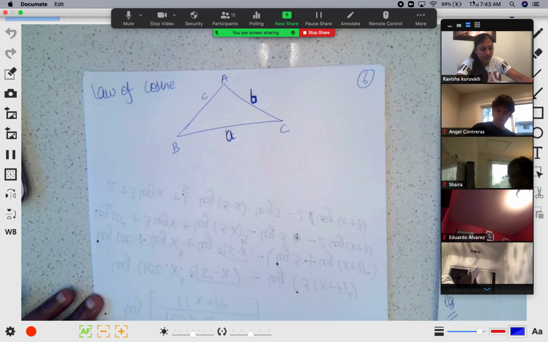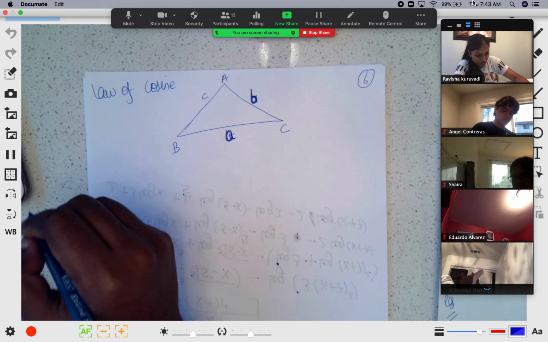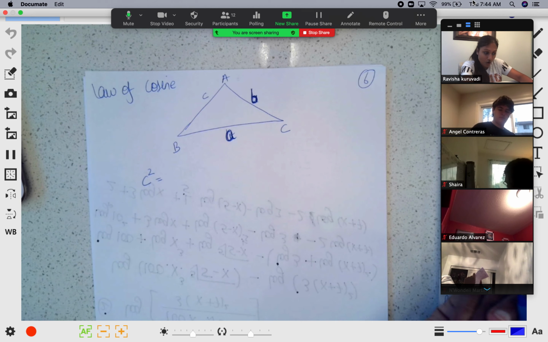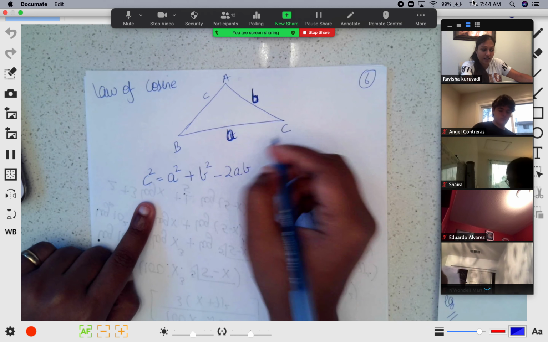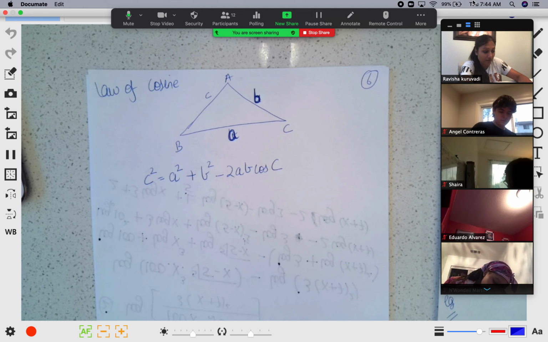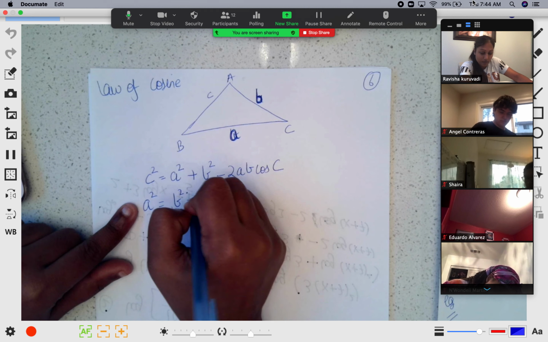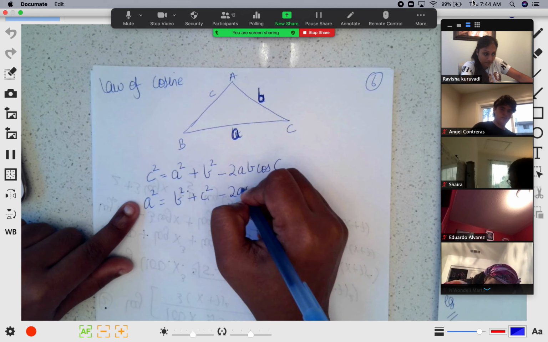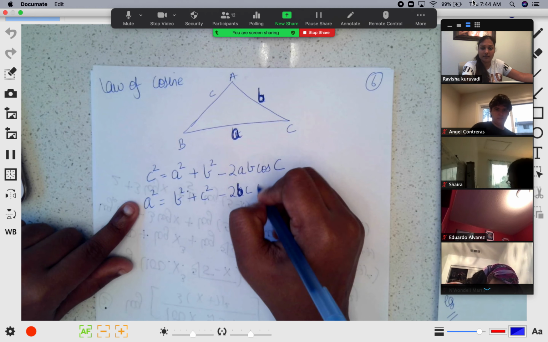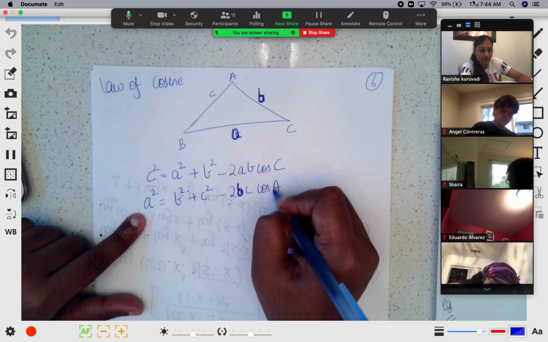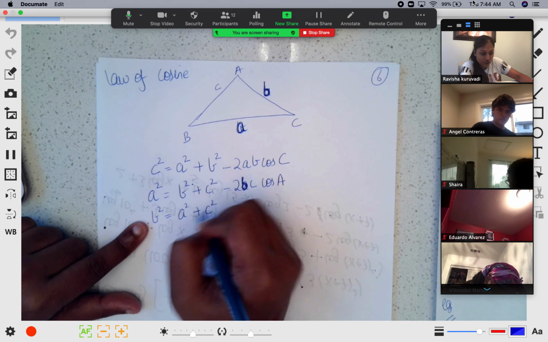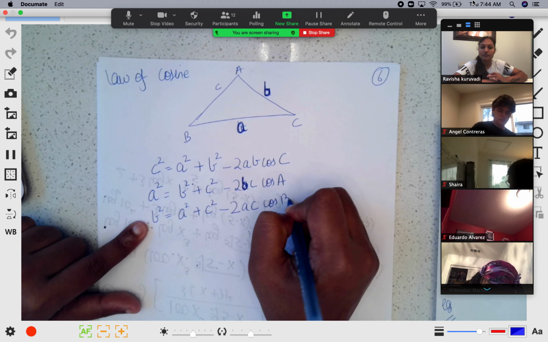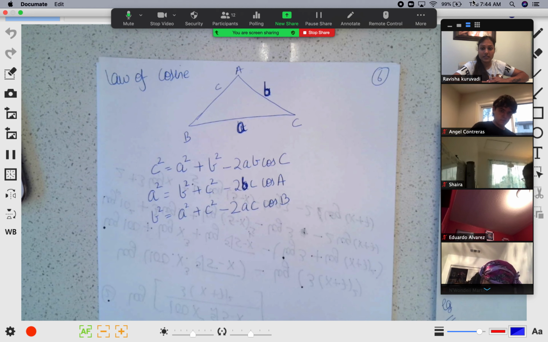The law of cosine says C square is equal to A square plus B square minus 2AB cosine of that angle C. Similarly, A square will be B square plus C square minus 2BC, the other sides, but cosine of the opposite angle A. If you're finding A, the cosine will be of A. If you're finding C, it will be cosine of C. If you're finding B, it will be A square plus C square minus 2AC cosine of B. These are the formulas for law of cosine.